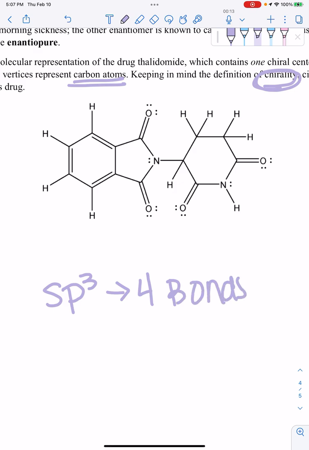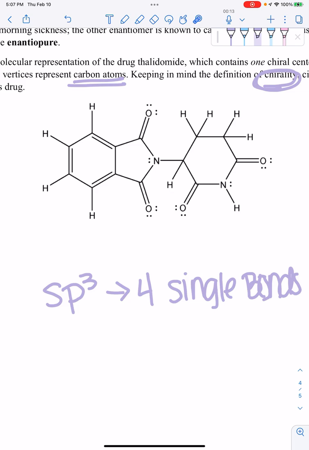So that means that we can automatically disregard any carbon atom in this big molecule that has less than 4 bonds. 4 single bonds. So any carbon atom that's double bonded, we can automatically ignore.